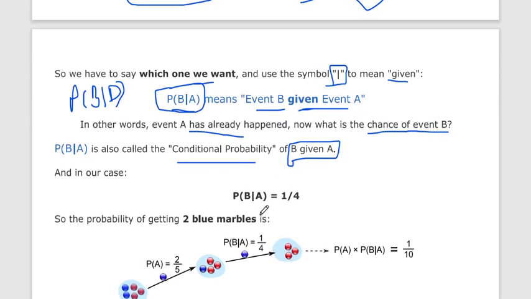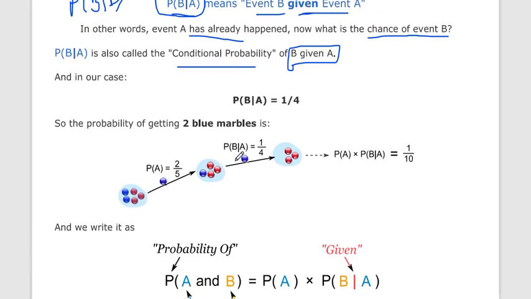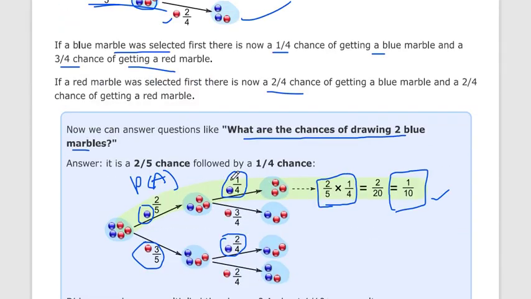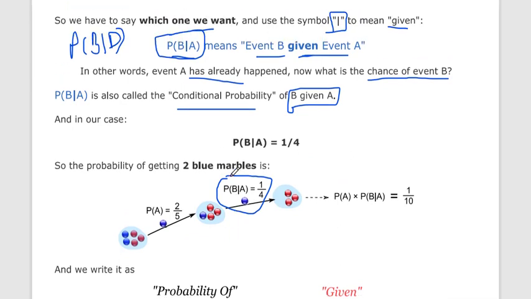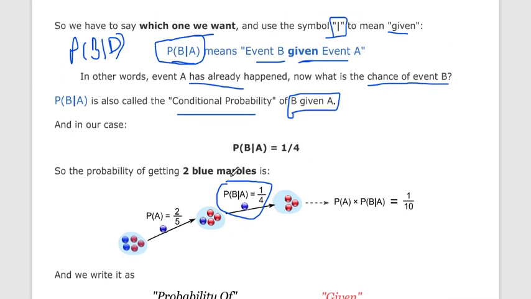So the probability of getting two marbles depends on P of B per A. This probability is called P of B per A, not P of B, because it depends on the previous event.